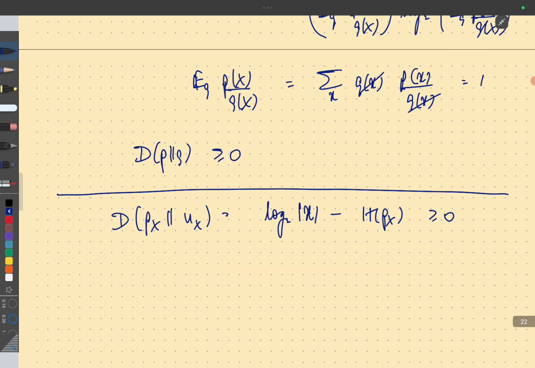Since the KL divergence is non-negative, this means that the entropy is always less than or equal to log cardinality of X. All right. So this is a one-line proof of the fact that entropy is maximized when the distribution is uniform.